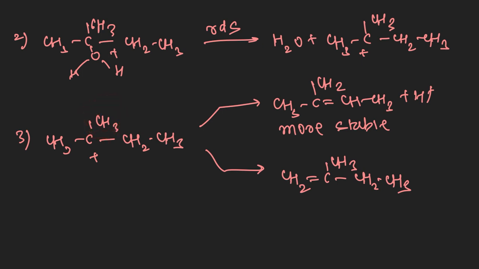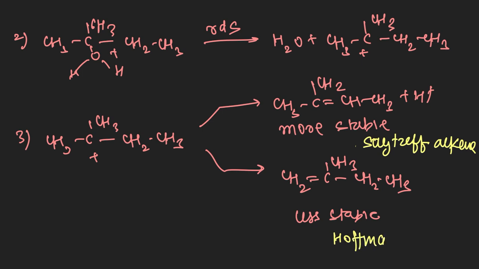When this hydrogen is removed, we get this compound, which is less stable, and the more stable one is known as the Saytzeff product. Saytzeff alkene, and this is known as the Hofmann alkene.